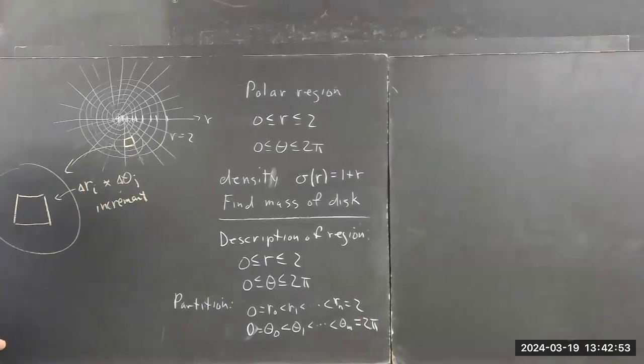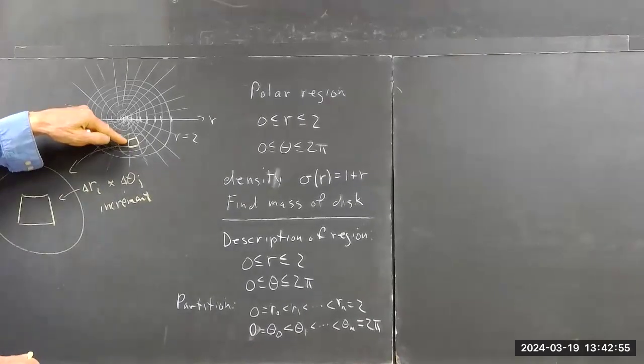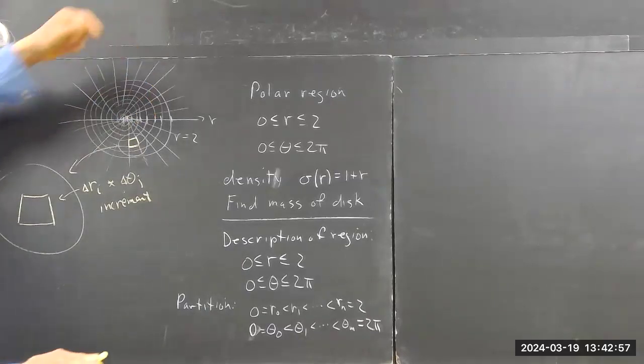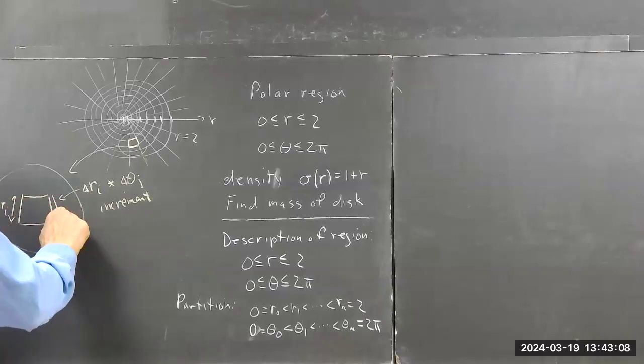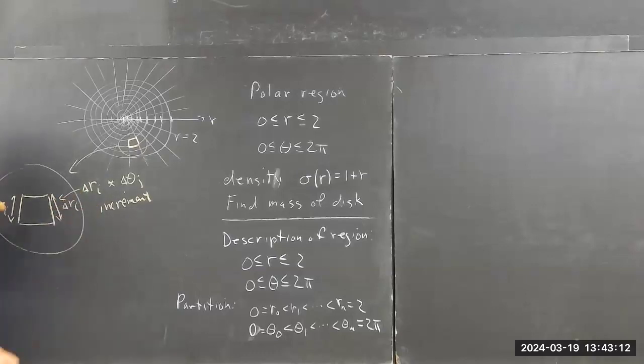Well, from here to here is your delta R. So this distance is delta R sub I, and it's the same over here. Of course, these aren't exactly parallel, but what's the width of this thing?